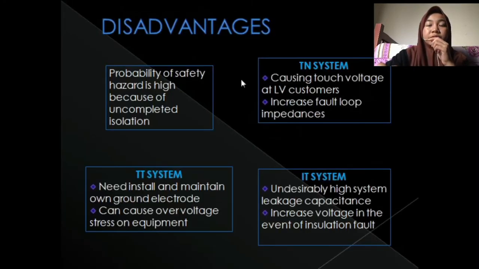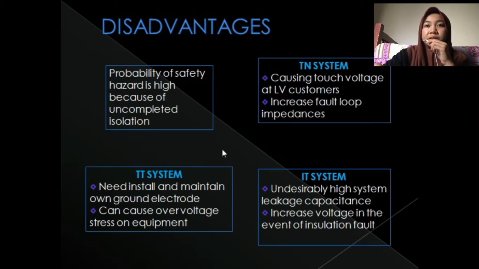Next, for the disadvantage of the IT system, the probability of safety hazard is high because of incomplete insulation from earth that will produce a shock, because there is no path for the shock current to return to the circuit if the supply earth connection is not made.